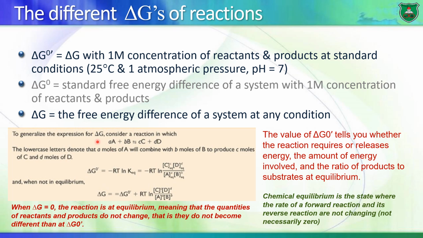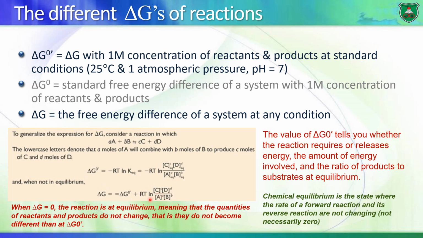And this is true for this reaction. A plus B forms C plus D. So you have the reactants, A plus B. The substrates are A and B. The products are C and D. And delta G naught prime, this is at standard conditions, whenever you have 1 molar concentration of reactants and products, is equal to minus R, which is a constant, times the temperature of the system, times the natural log of the equilibrium constant, which is equal to concentration of products over concentration of reactants.